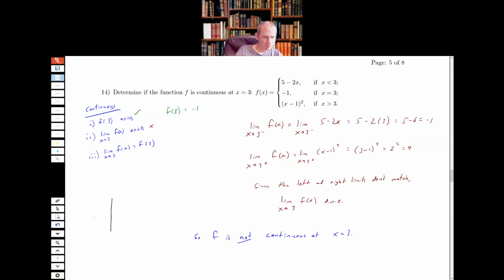Right, so if you graphed this at 3, we have -1, and then 5 minus 2x. You probably need to compute an endpoint, but look at that negative slope.